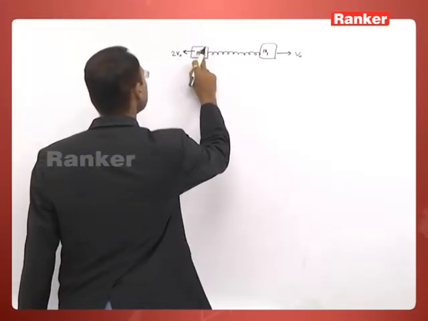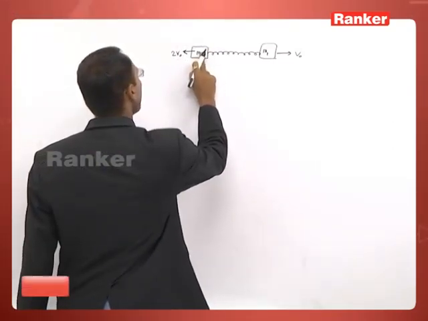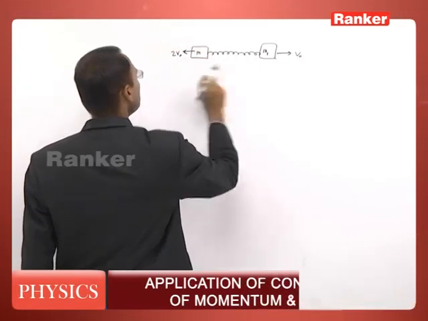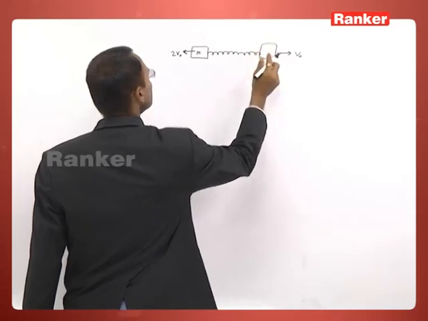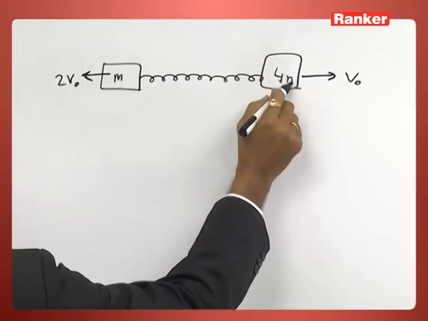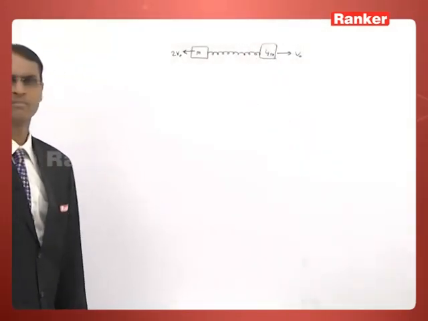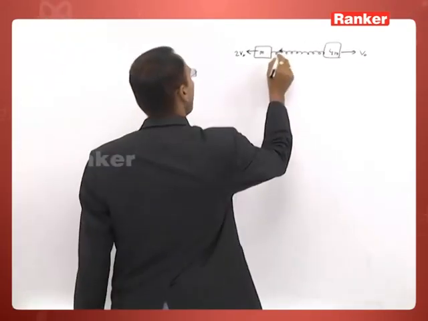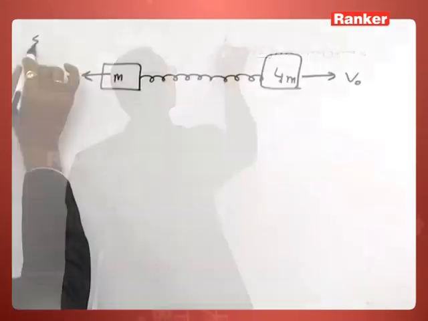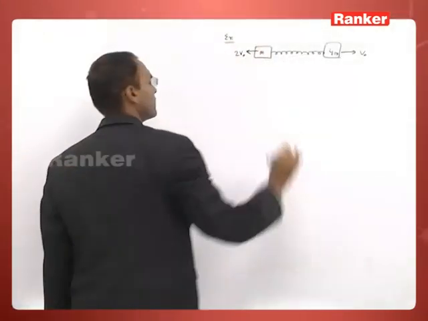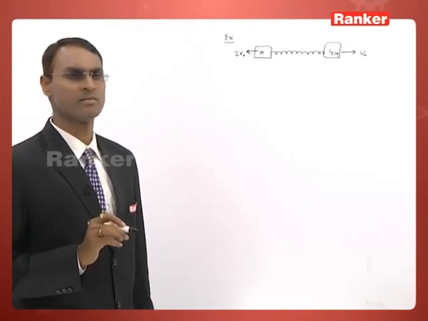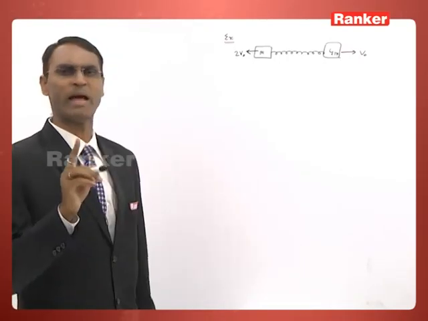For the sake of simplicity, you can take its mass m and its mass suppose 4m. With a modified question, and the spring is relaxed. How to calculate the maximum elongation of the spring?